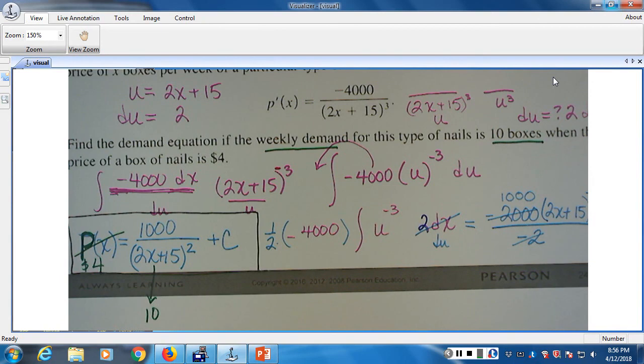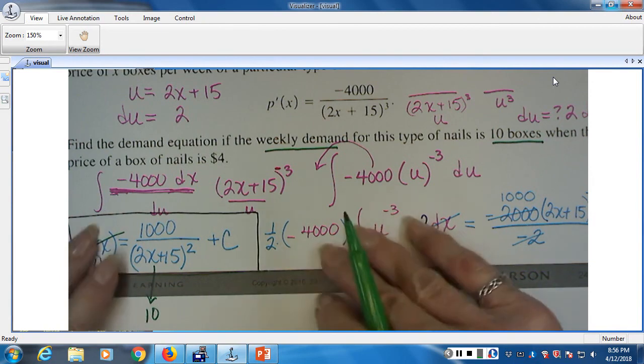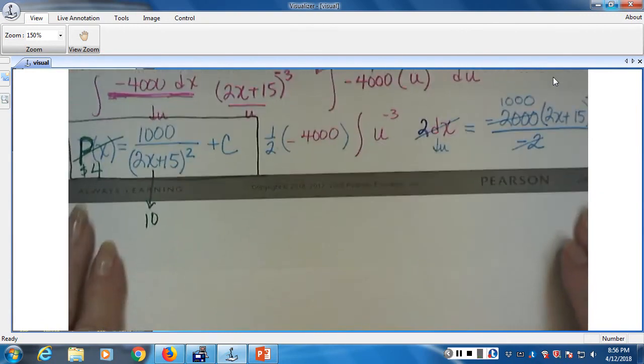So if we go, and actually I'm going to pull it off onto another piece of paper so we don't have to be crowded to do this.